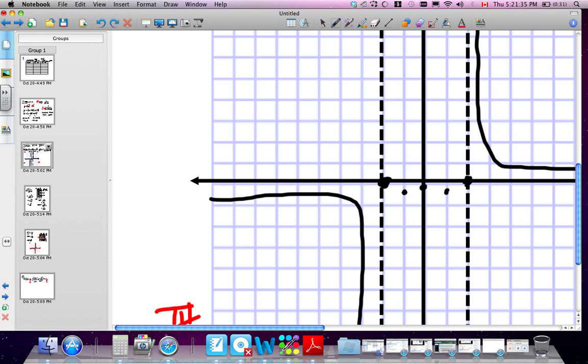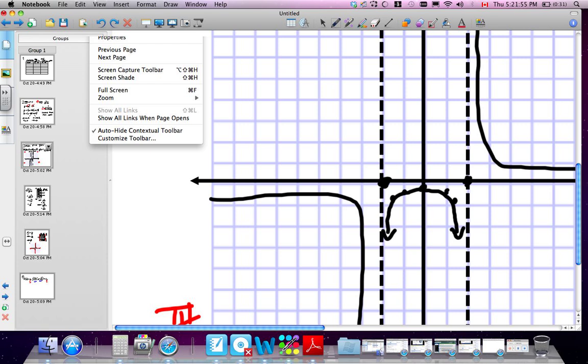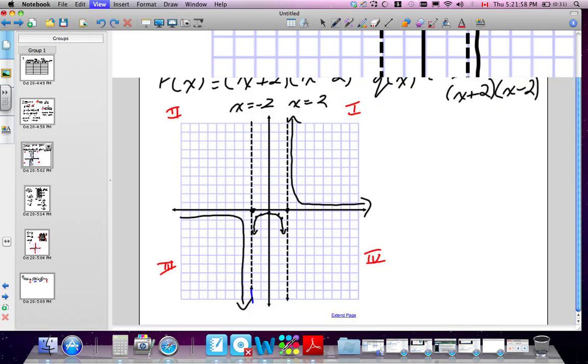As we get even closer to the asymptote, it's going to complete that same idea. And what kind is it? Yeah, so we're flipped upside down. We have an inverted quadratic function.